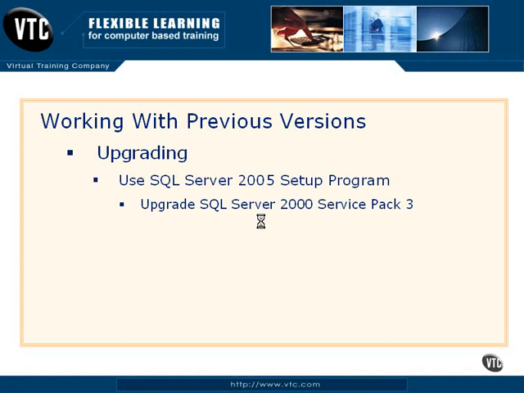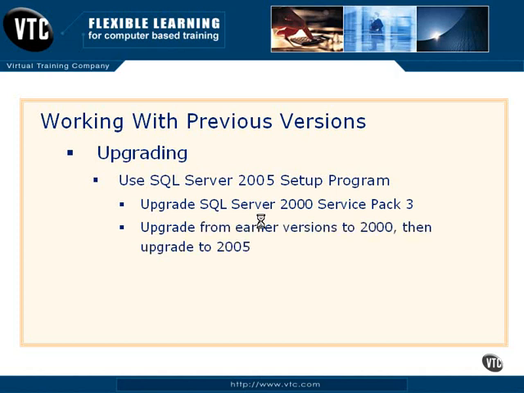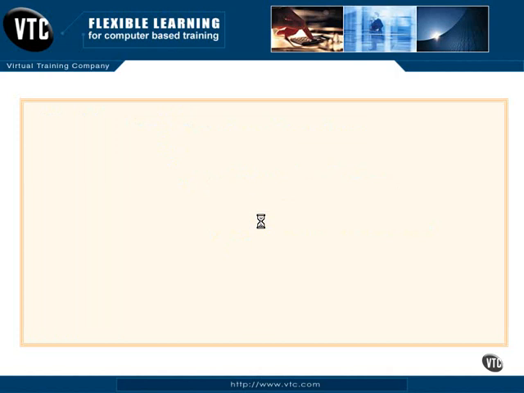So step one, simply run SQL Server 2000, install Service Pack 3 on SQL Server, not on Windows, but on SQL Server itself, and then you can upgrade that to 2005. If you have any version earlier than SQL Server 2000, you need to first upgrade 6.5, 7.0, whatever, to SQL 2000, then install Service Pack 3, and then upgrade to SQL 2005, and you're done.